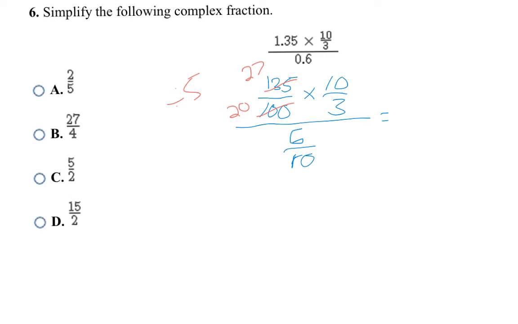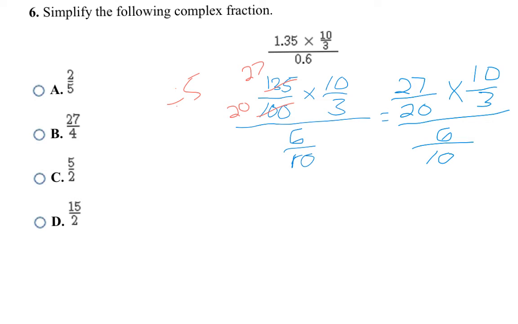And so I can keep looking to see if I can cancel any more between any of these numerators up here, multiplication problem, and any of the denominators. I'm going to go ahead and rewrite it real quick so it doesn't get too sloppy. So right away I can see I can divide out a 10 from 20 and 10. 20 divided by 10 is 2, and 10 divided by 10 is 1.